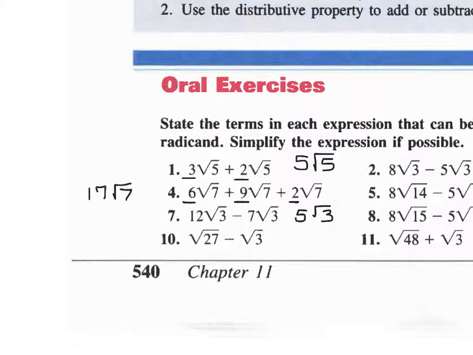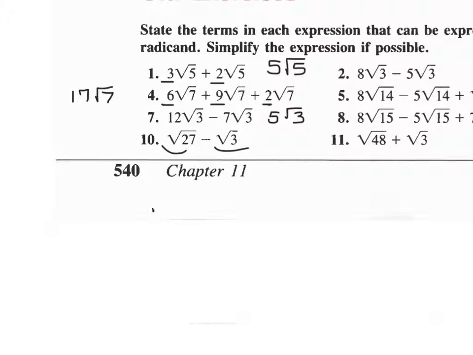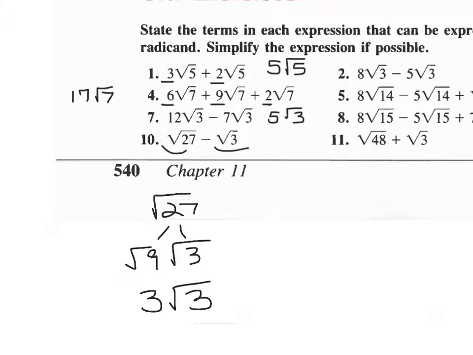Now, number 10, notice there are no like numbers or no like radicands, so I need to break down that 27. So on number 10, you would factor this. You could make it 9 times 3. And again, if at this point you realize that 9 is a perfect square, 27 simplifies to 3 square root 3.